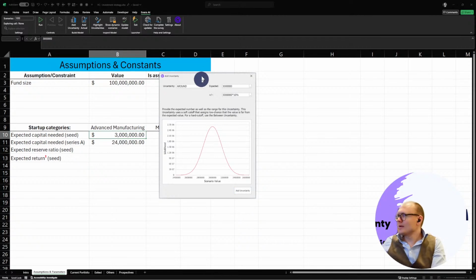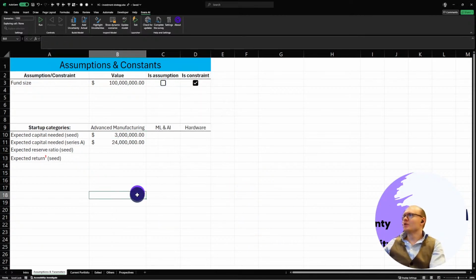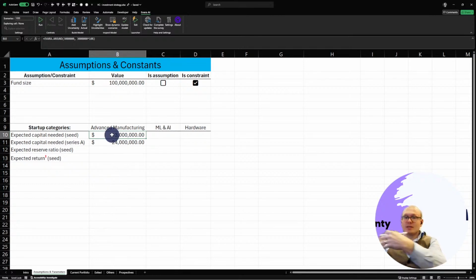So we can add this. We'll look at this uncertainty here in a second. So we can add that. So that was basically it. You can see we're returning the expected value still, which is great, but you'll also notice up top here that the formula is not just a single number. It's actually an Evara dot around.